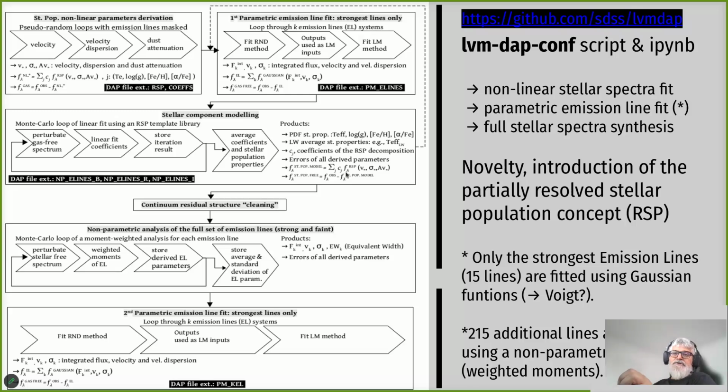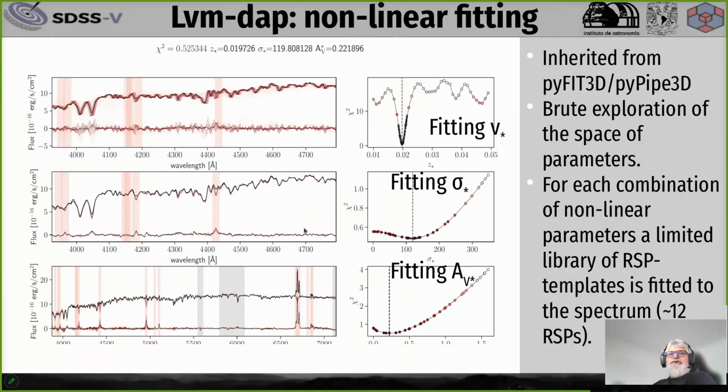Okay, so this is an example of the non-parametric fitting. I'm not going to go through that. It's a brute exploration of the velocity dispersion and dust attenuation, and this is the chi-square maps where it's defined. There are two loops. One is some kind of a pseudo Markov chain, where you have a brute sampling and then a sampling around the minimum to improve the values of the three parameters.